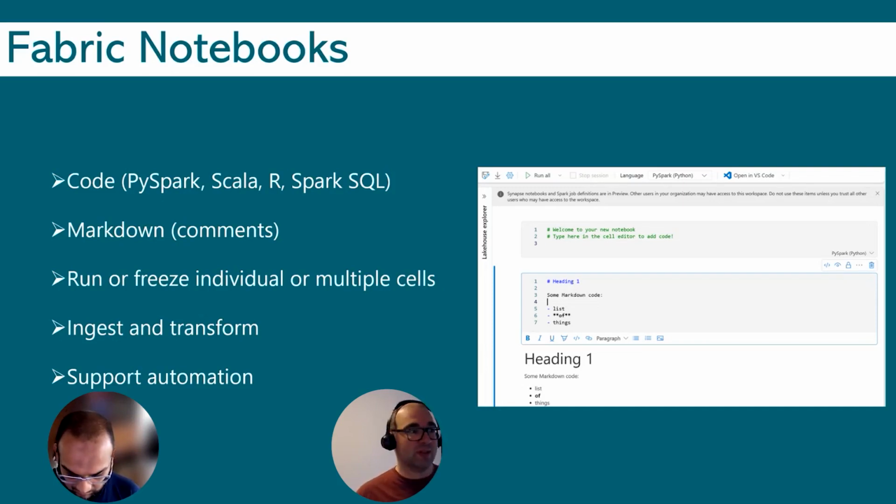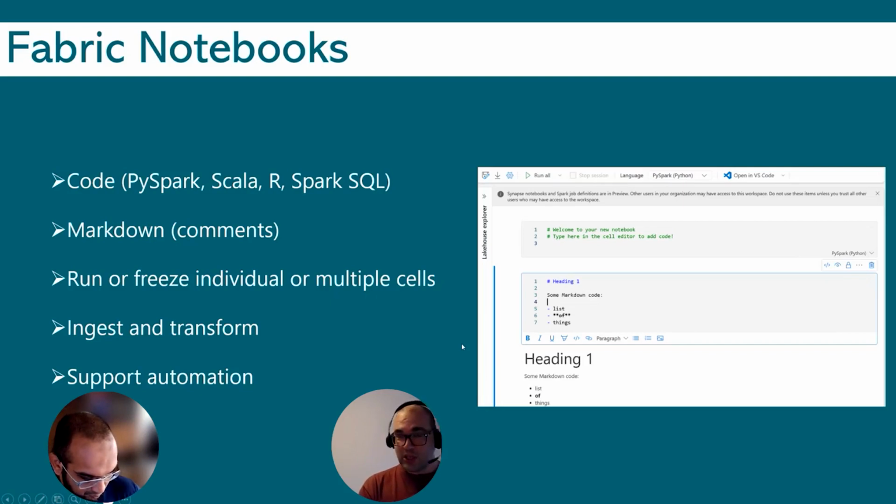Fabric notebooks support four different languages: PySpark, Scala, R, and Spark SQL. So there is something for everyone. And notebooks are, as I said, a very powerful way to write code, to use markups, and execute as a whole, execute just individual cells, and so on.